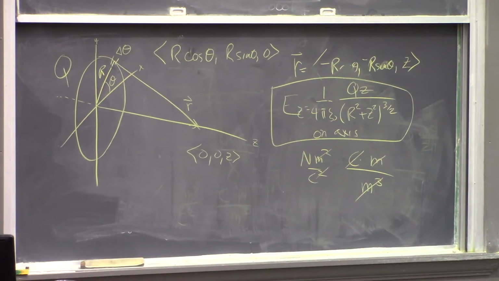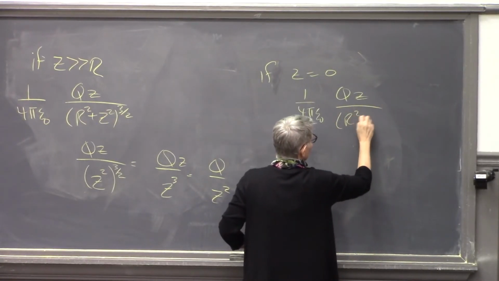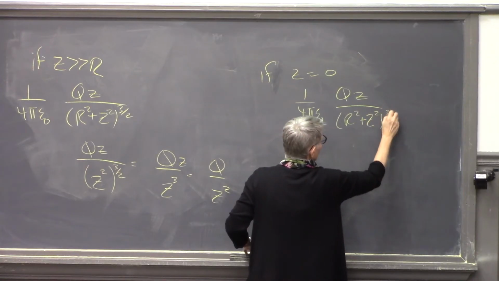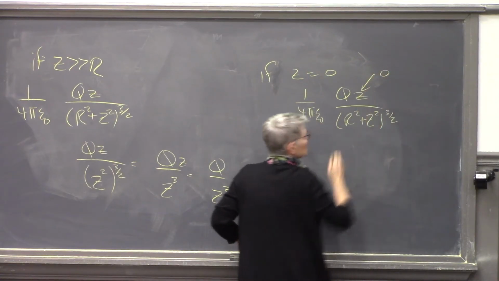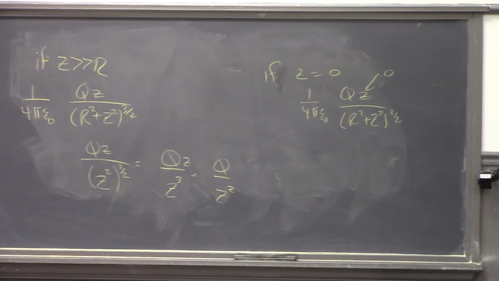If Z equals 0, that's a 0, so it comes out to 0. So it makes sense.